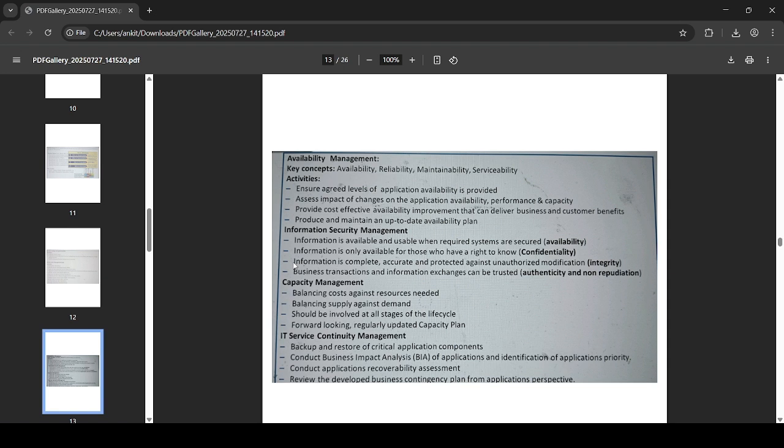Next is capacity management. Balancing supply against demand, balancing cost against resources needed, should be involved at all stages of the life cycle. Forward looking, regularly updated capacity plan. So for capacity management we have to first make it in our mind in the service design process.